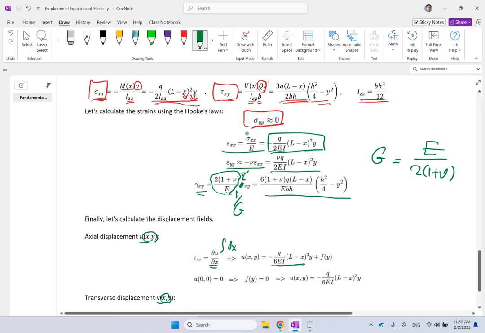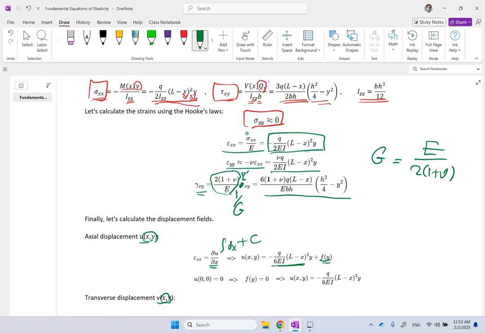And since you're integrating with respect to x, you can have a constant term, but it doesn't need to be really constant like 2, 3. It could be a function of y in general. So your constant could be a function of y, and this function of y could have that constant number c1, which is 2, 3, the integration constant in it. So remember, when you solve partial differential equations, if you integrate with respect to x, the constant is going to be a function of y.